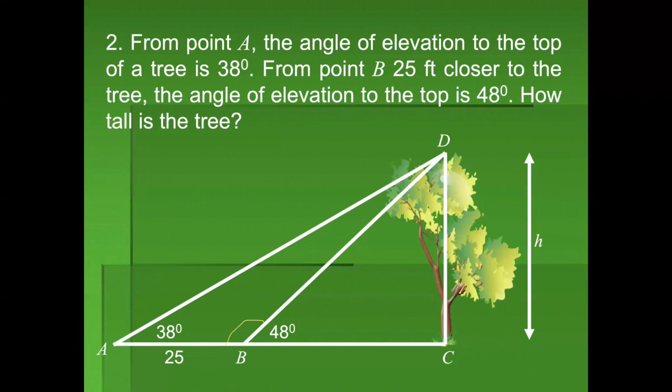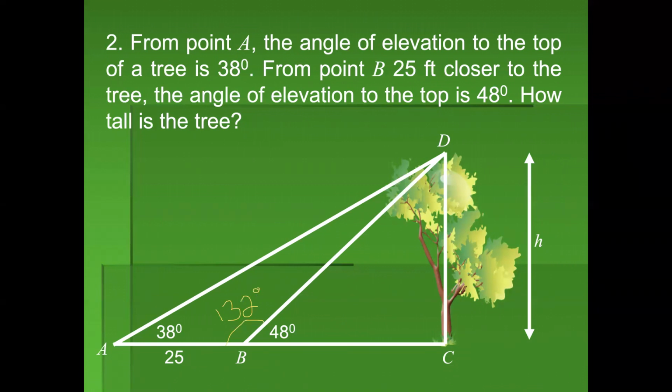So if one side is given, which is 48, we can find the other side by subtracting 48 from 180 because they are supplementary angles. So 180 minus 48 will have 132. So meaning B is 132 degrees.